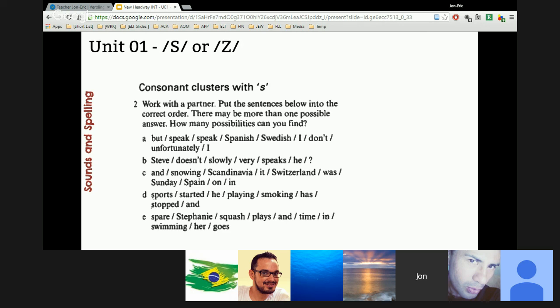Okay, good. But if you're going to slow it down like that, you can't say play squash, because that would be wrong. If you slow it down, it's got to be plays squash. Stephanie plays squash, and in her free time she goes swimming.